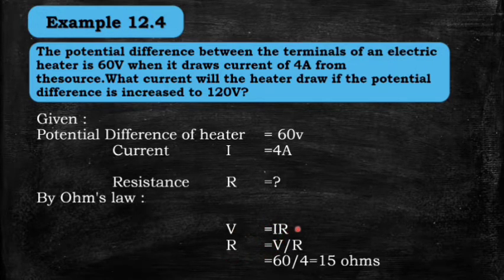R will be equal to V divided by I. V is 60 volt and I is 4 ampere, as given. 60 divided by 4 is nothing but 15 ohms. The electrical heater is of 15 ohms resistance.